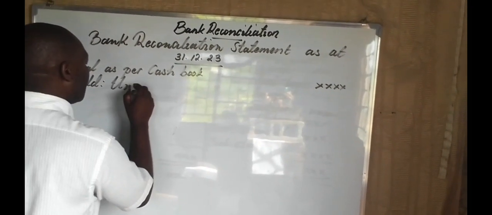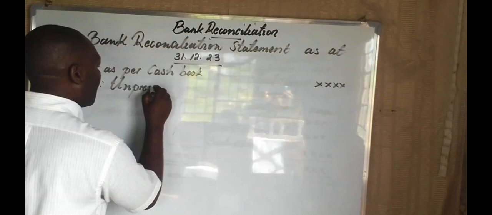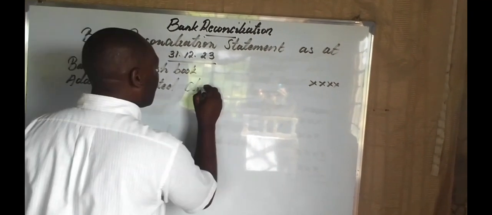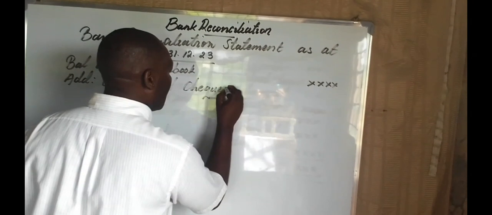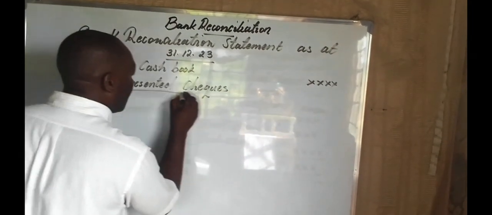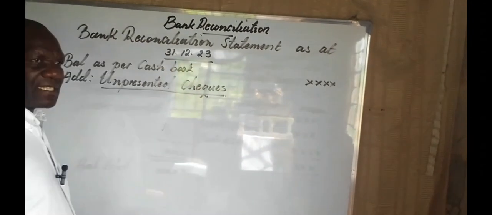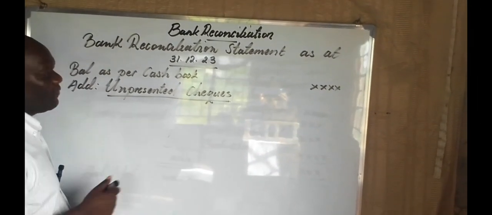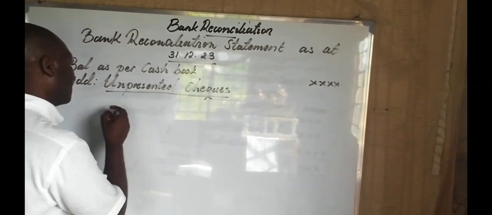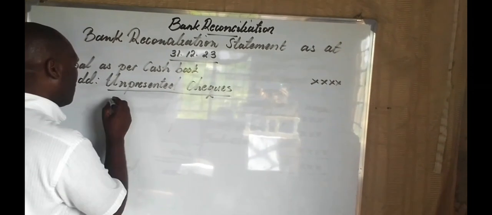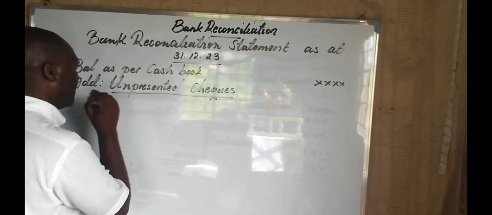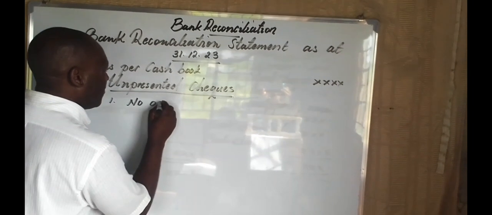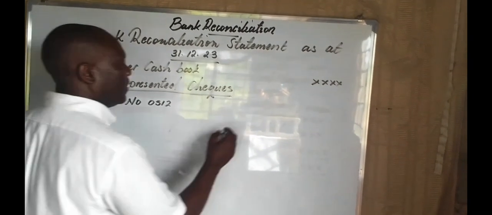presented checks. If the presented checks are 4, you need to list them here and you indicate even the check number. So for example, presented check number 1, you say check number is 0512. You put the figure there.